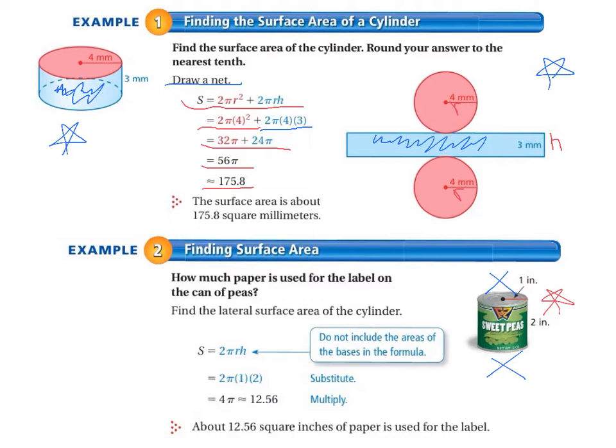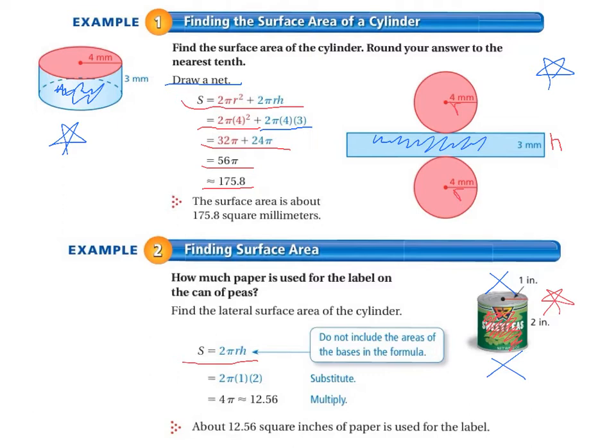We are only going to be finding the area of the lateral surface, which is in here. Now, since we're not including the bases in this formula, we're going to be using this. Surface area equals 2 pi r h.